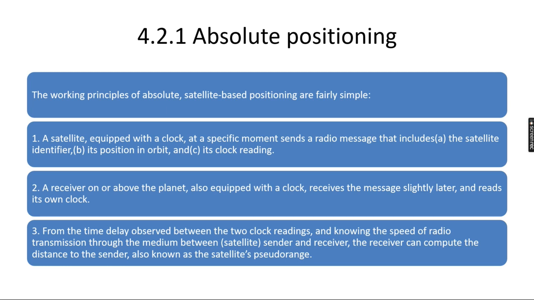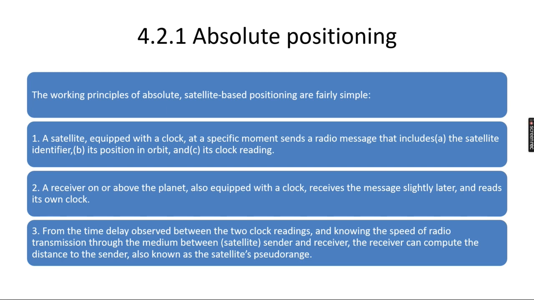So every signal will have 3 information. First information will identify the satellite, then second will identify its position in the orbit, and third will identify the clock reading. A receiver above the planet, also equipped with a clock, receives the message, but it receives the message slightly later and reads its own clock.